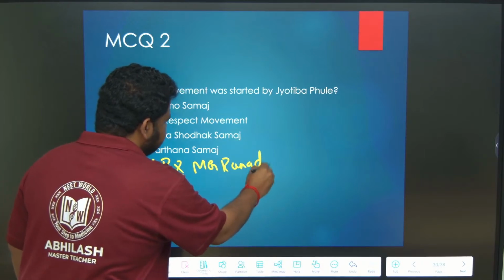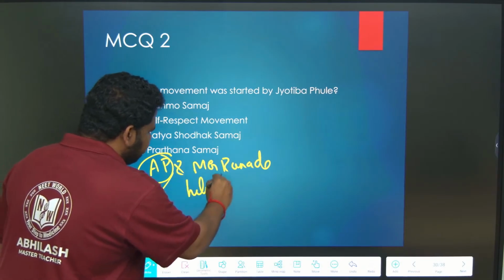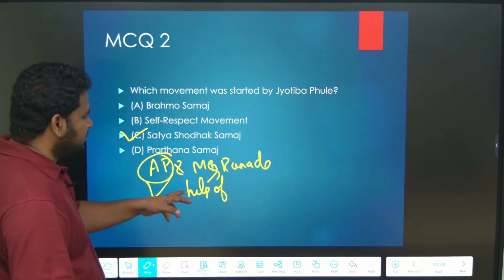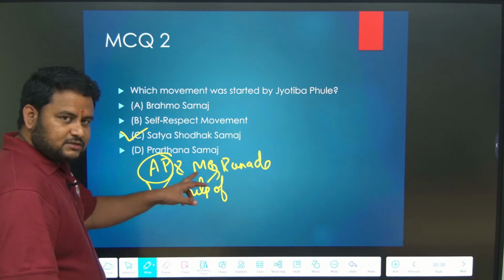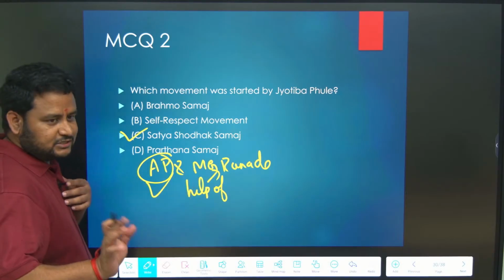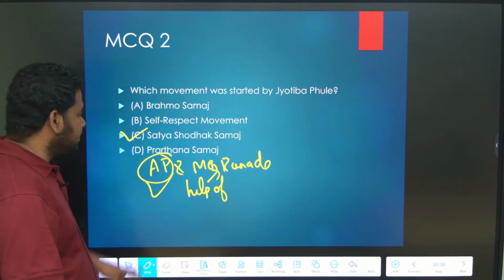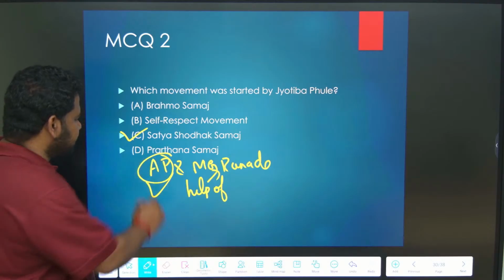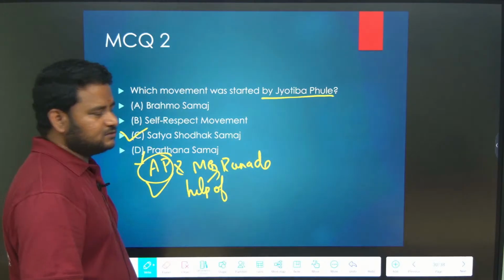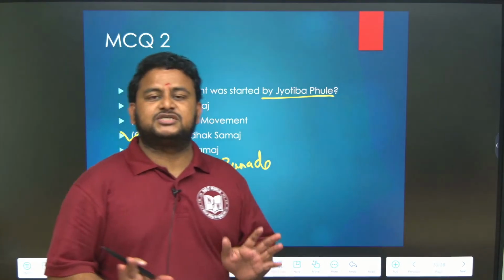Satya Shodhak Samaj was by Jyotiba Phule in the Maharashtra area.